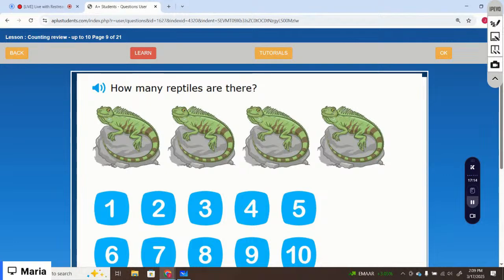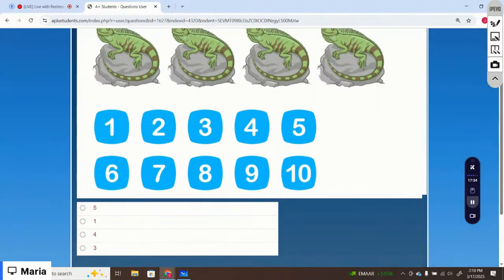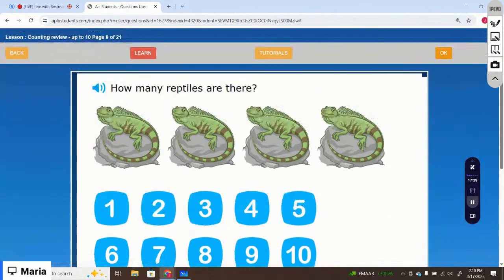How many reptiles are there? The correct option is 4. There are 4 reptiles. Option number 3 is the correct option.